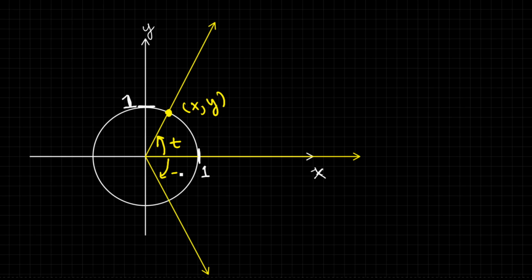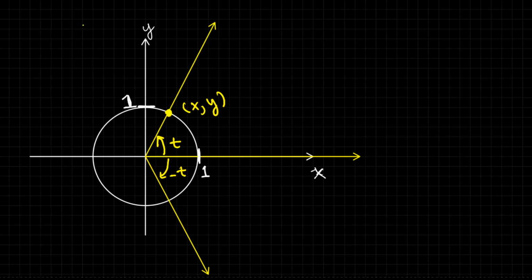Well, if the terminal point for t is x comma y, then what is the terminal point for minus t? Well, if you draw a vertical line, you'll see that these have the same x-coordinate.